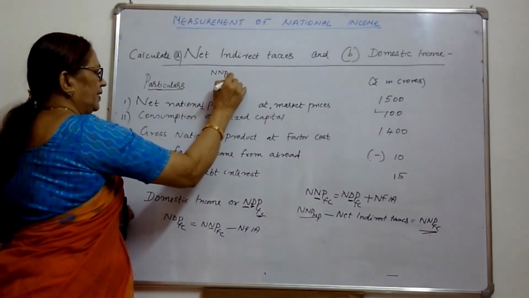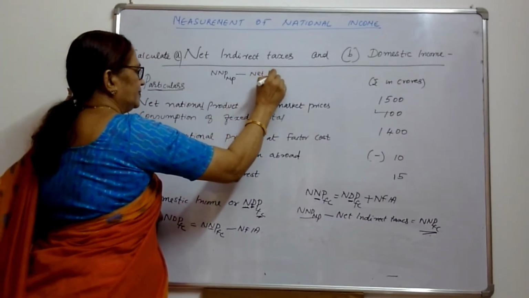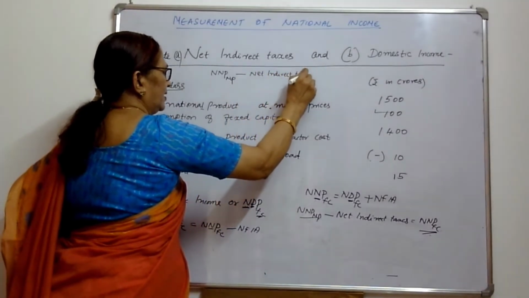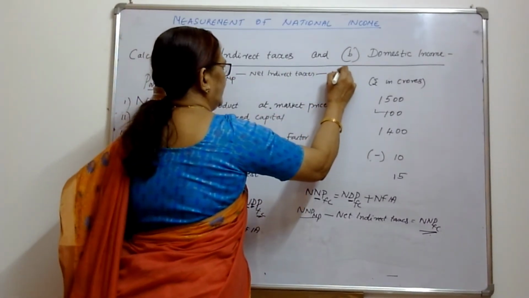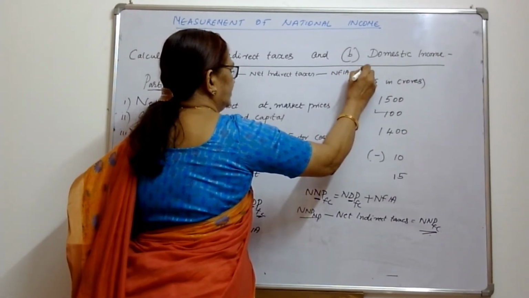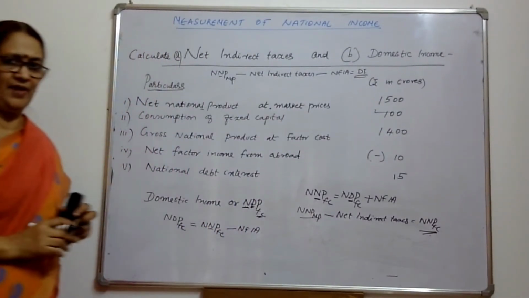NNP at market price minus net indirect tax minus NFI, we will get domestic income or NDP at factor cost.